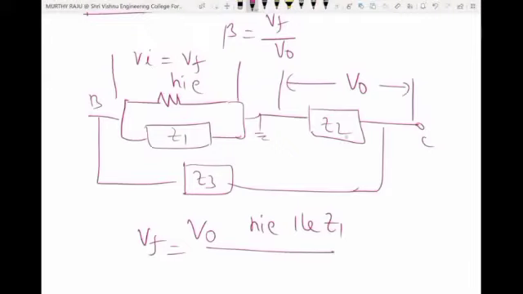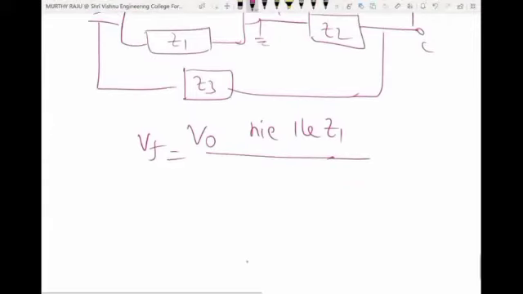Z2 is not included, because V0 is the voltage drop across Z2. Vf is equal to V0 into this parallel combination by the voltage division rule.